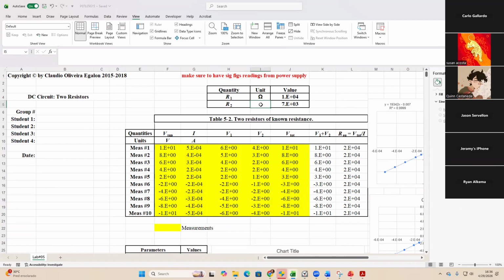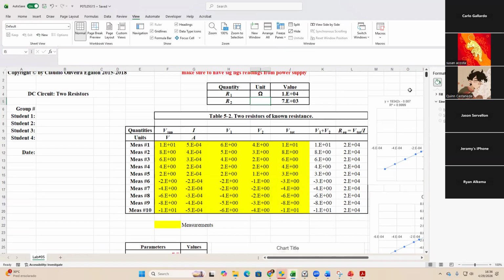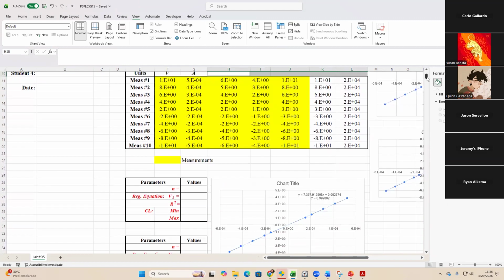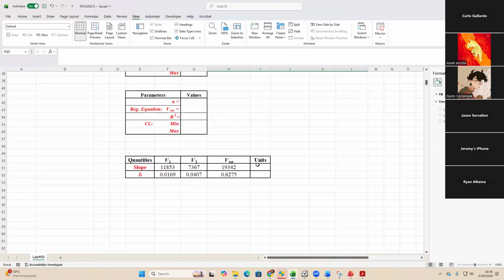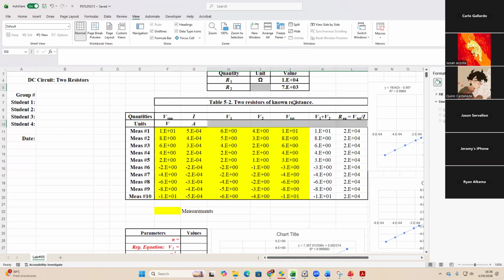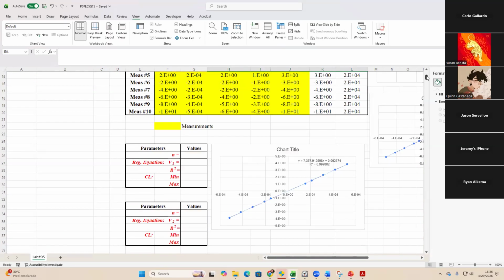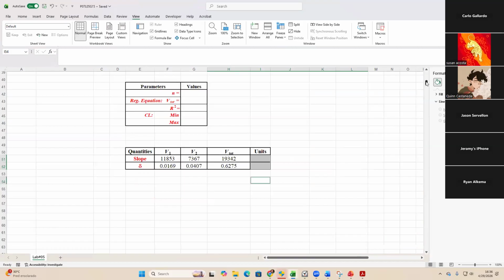Now it's about working on the units, right? Units here, units here, units there, units here. 1, 2, 3, 4, 5, 6, 7, 8 cells for the units.